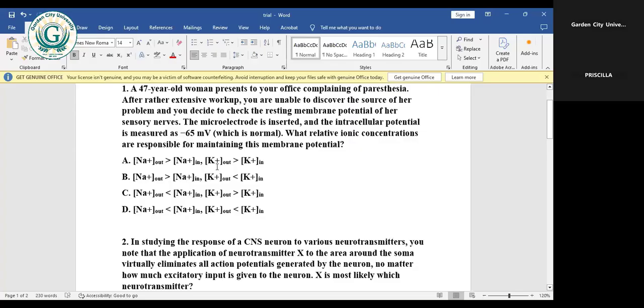And concentration of potassium out is greater than concentration of potassium inside. Is that true? No, sir. Who said yes and who said no?